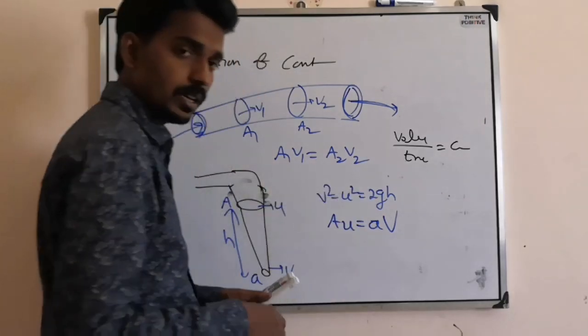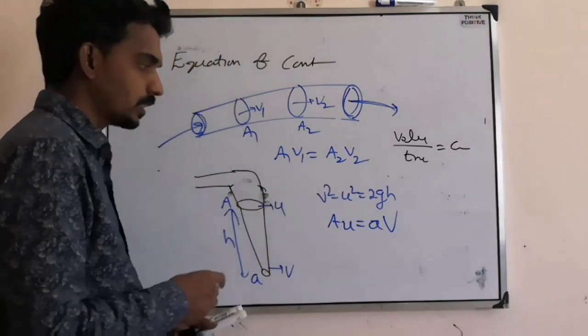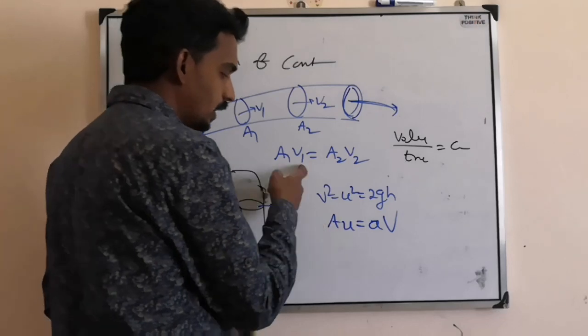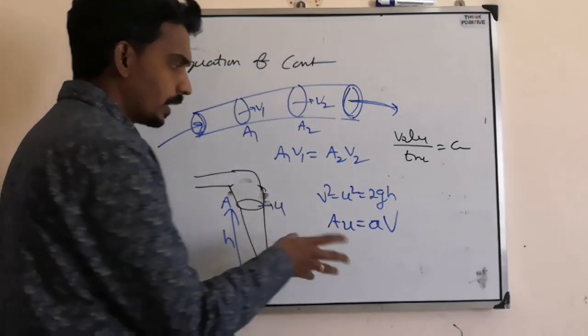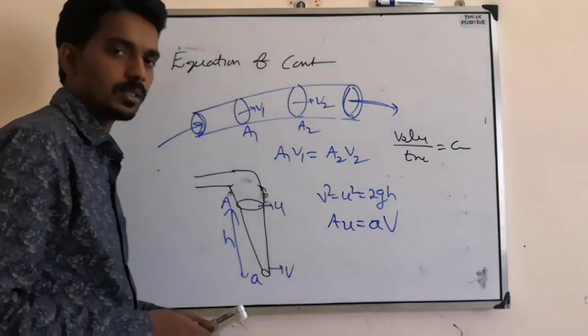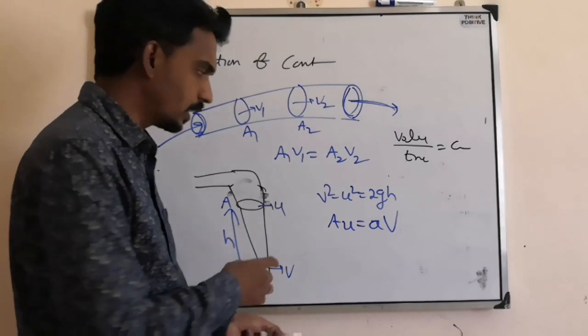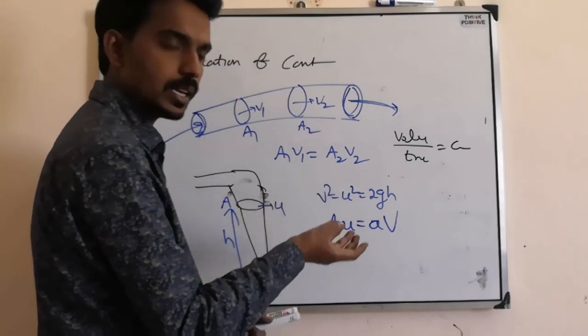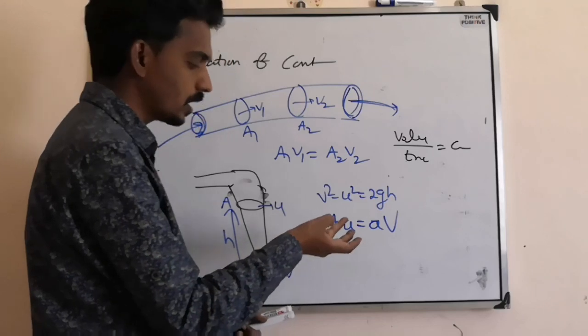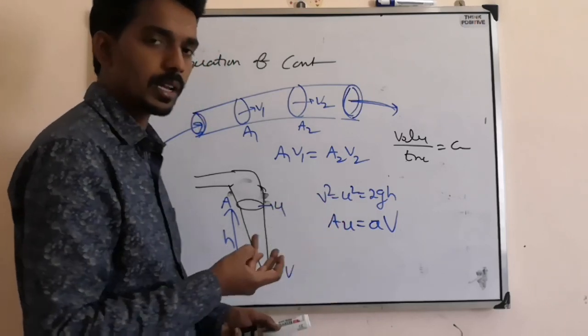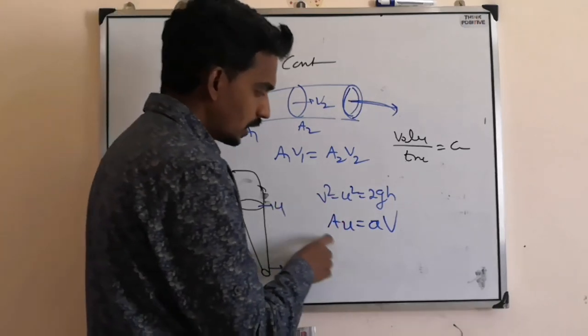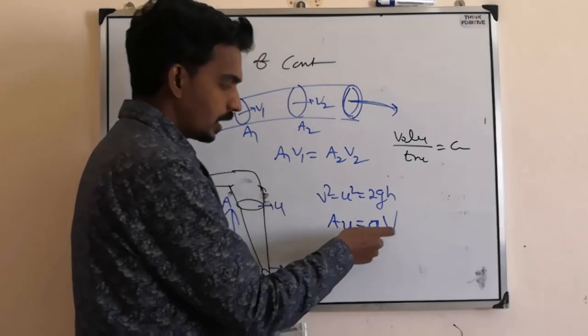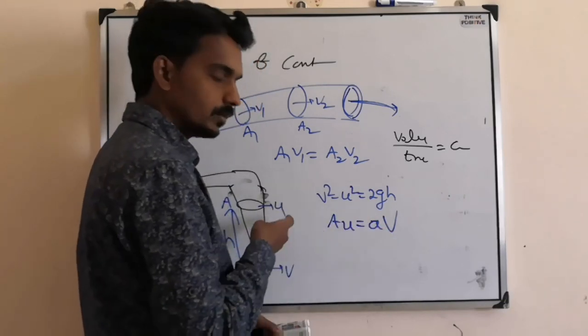This way you can combine the kinematic equation and the equation of continuity and solve the question. They will give some data. Here v, u, h, capital A, and small a are the five quantities. Suppose they have given a and v, then you can find u.